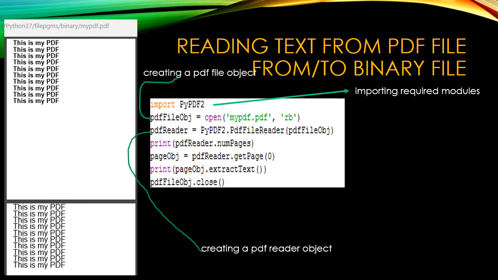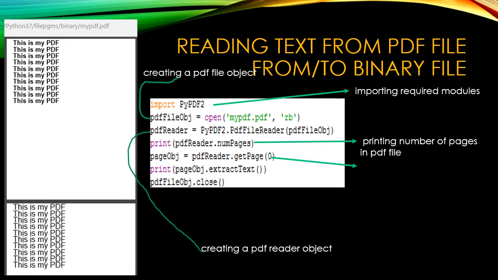That object name is pdf reader, and num pages displays the number of pages. It's one of the methods of PDF file reader. So pdf reader object dot num pages will display how many pages. Here in this PDF file there are totally 2 pages, so the output will display 2.